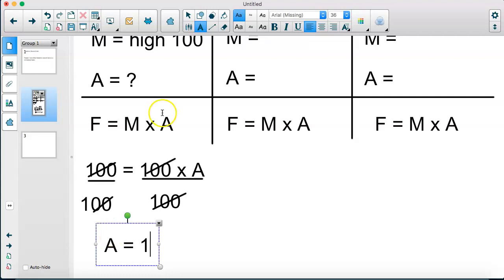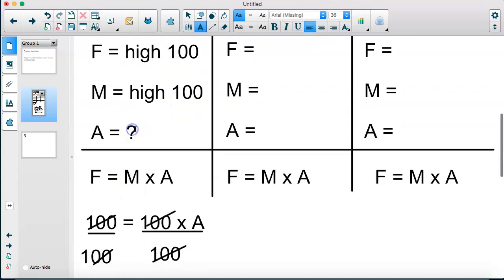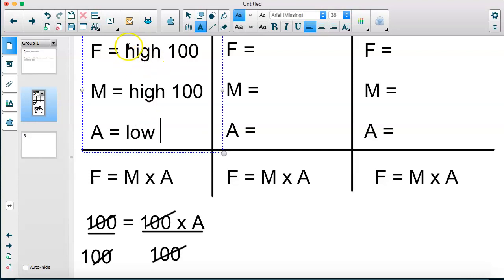Okay, so what do we learn from this? Well, we learn from this very simple calculation that when the force is high and the mass is high, the object is going to accelerate fairly low. It's going to accelerate slowly.